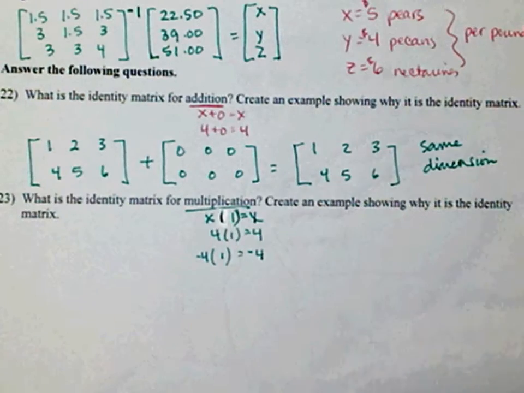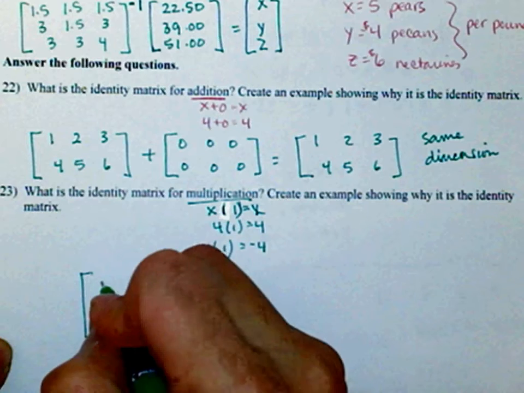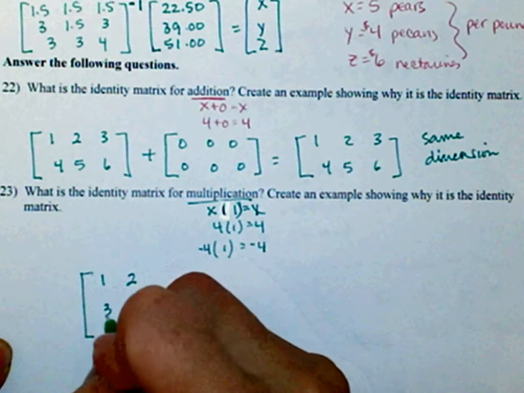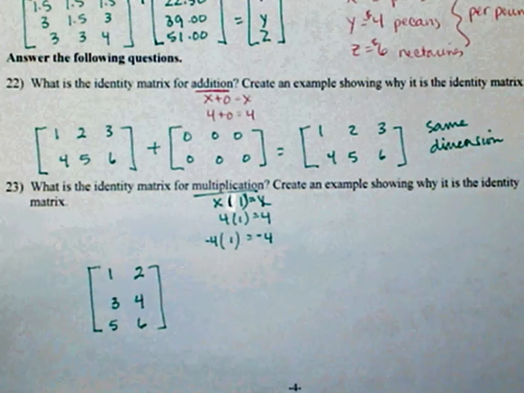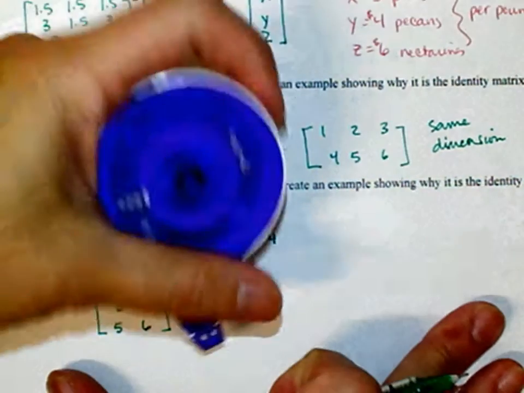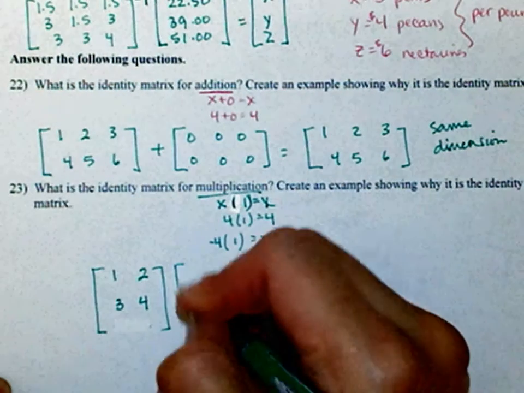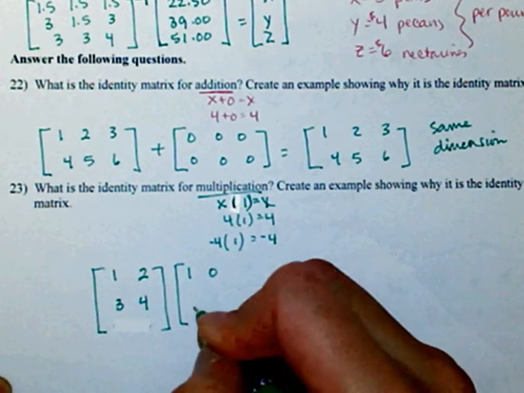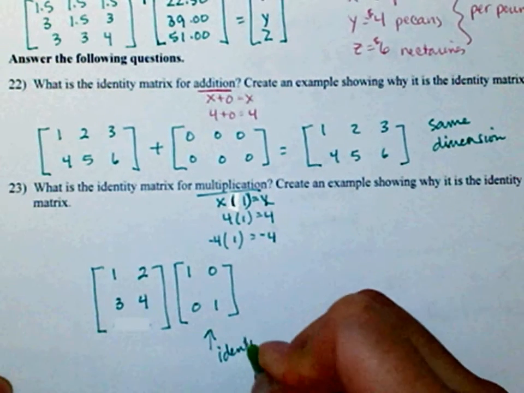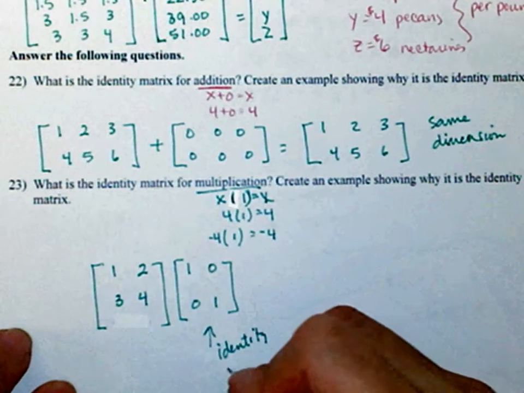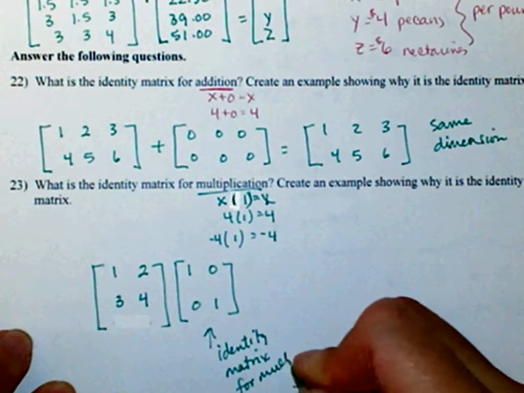So, for example, say you have 1, 2, 3, 4, 5, and 6. Okay? Hang on just a moment. Let's take this one. If you were to multiply this times 1, 0, 0, 1, this is the identity matrix for multiplication. Okay? Whereas this one's the identity matrix for addition.